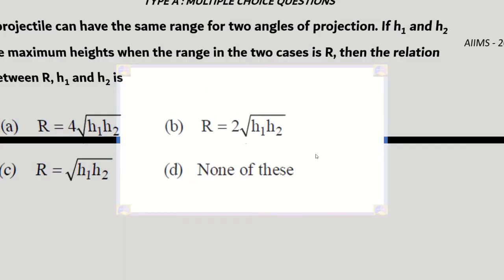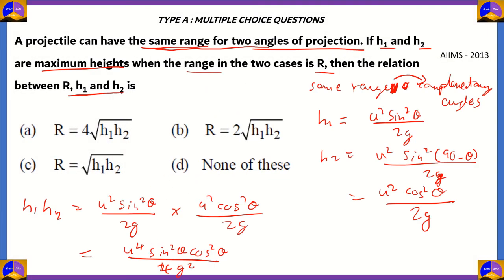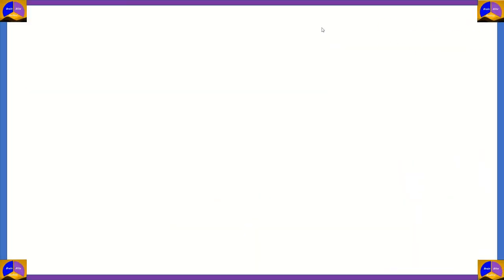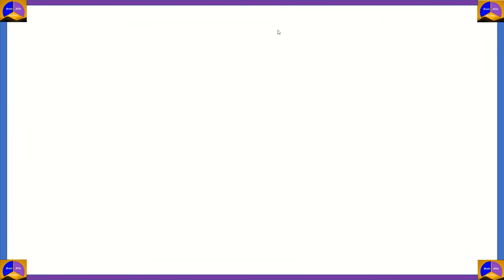So over here, you notice that you have sine square theta and cos square theta multiplied to each other. So what you can do is multiply and divide by 4.